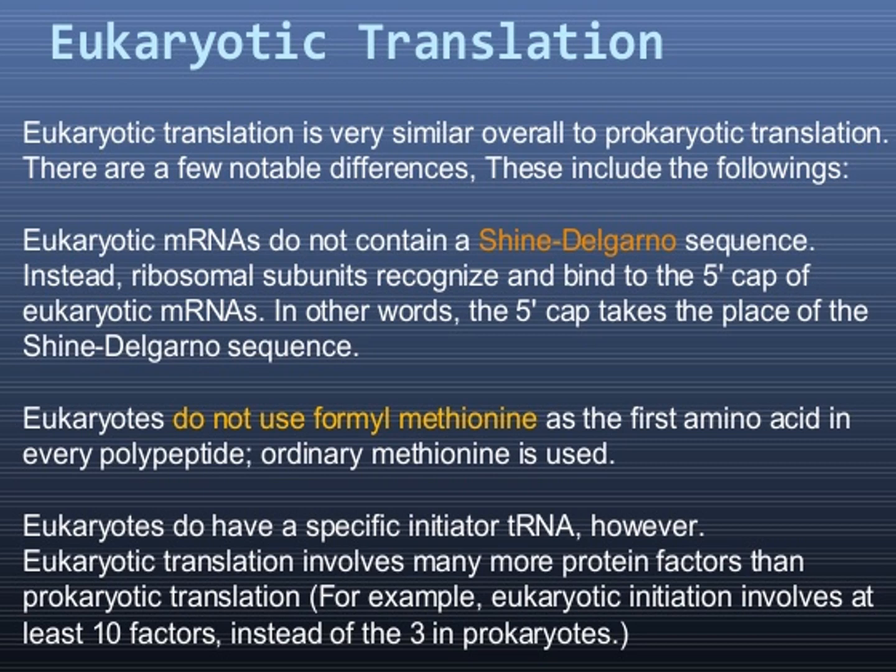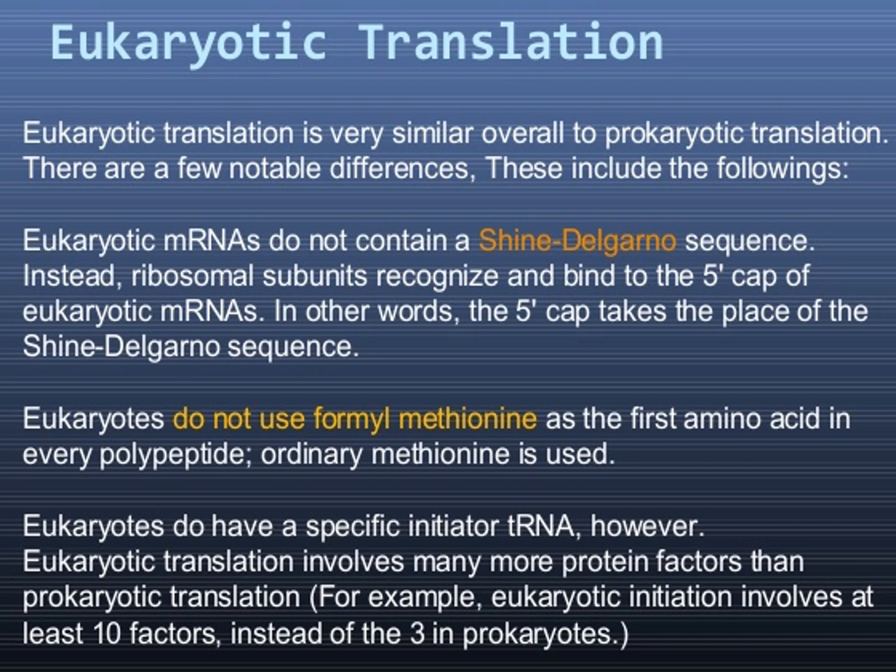So instead, the ribosomal subunit recognizes and binds to the 5' cap of the eukaryotic mRNA. The 5' cap takes the place of the Shine-Dalgarno sequence. And also in prokaryotes, formyl methionine is the first amino acid in every polypeptide. But here in eukaryotes, ordinary methionine is used.